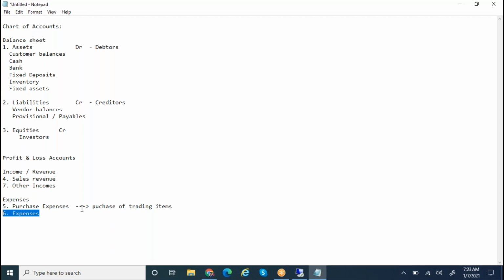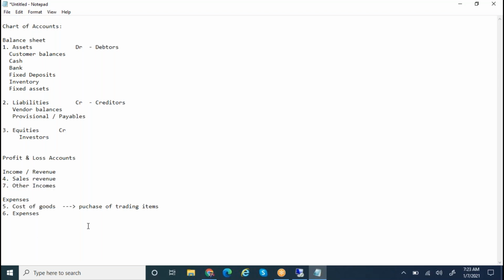All expenses for employees or for the organization, whatever you are spending, that is expenses. This is for purchase expenses or cost of goods, the cost of the material. Revenue is sales value. At the time of sales, whatever revenue you are getting, that is sales revenue. Other incomes is very less.